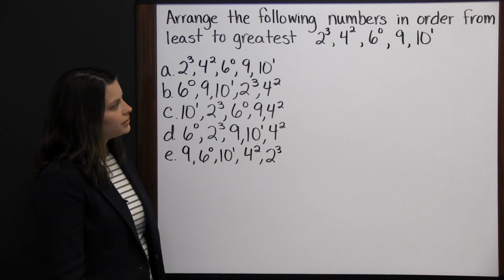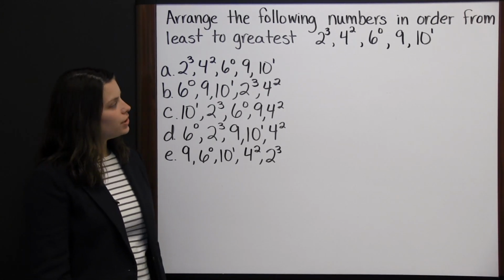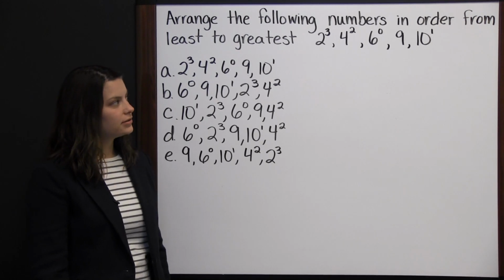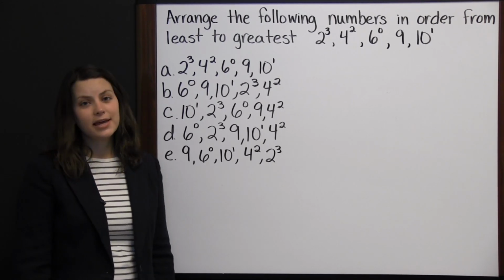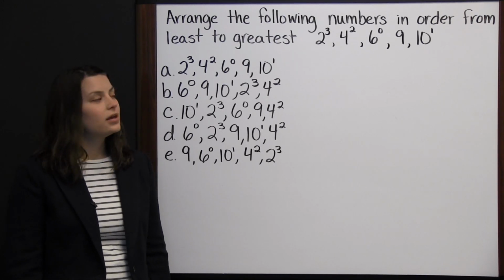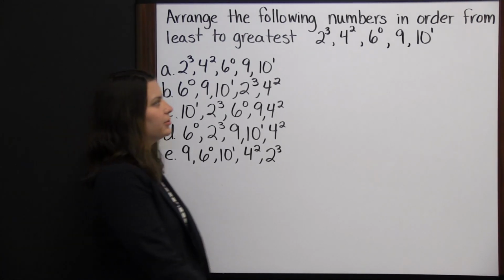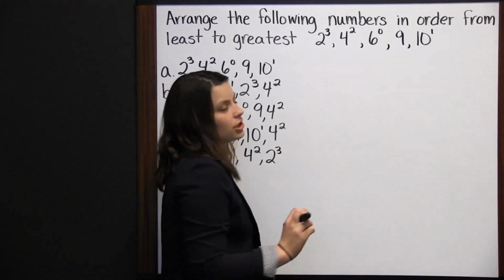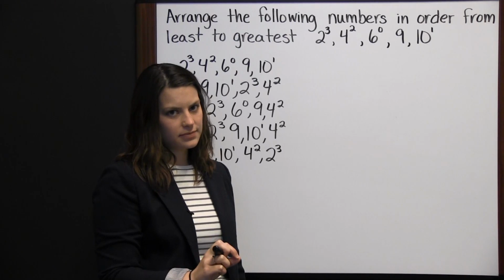Arrange the following numbers in order from least to greatest. 2 cubed, 4 squared, 6 to the 0 power, 9, and 10 to the first. The first thing we need to do is simplify these numbers. 2 cubed means 2 times itself 3 times.